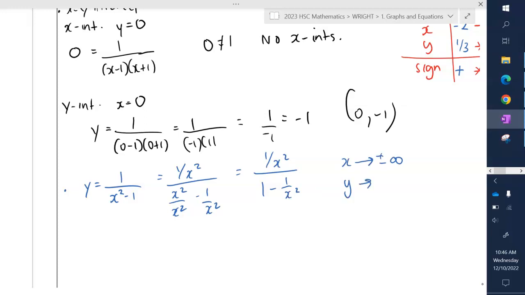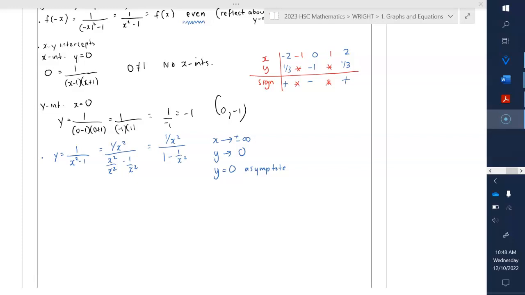What happens to y? So as x gets really, really big, 1 divided by a really, really big number goes to 0. So we're going to get 0 divided by 1 minus 0. So 0 over 1 is still 0. So as x gets really big, y goes to 0. What that means is y equals 0 is an asymptote, as x gets really, really close, but never quite there. Okay, let's see what we can do next.